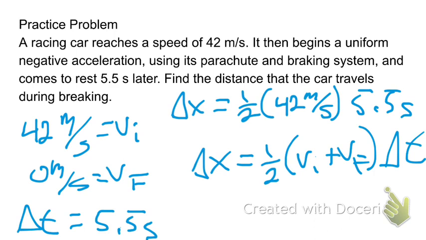To do the math, we take 42 times 0.5, which comes out as 21 meters per second. And we take that times 5.5 seconds, wherein the seconds cancel and we're left with meters.